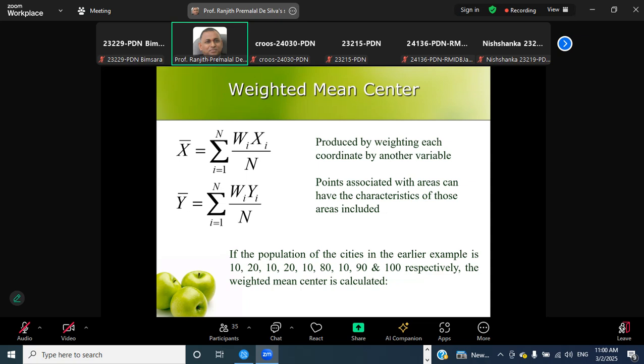If the populations of the cities in the earlier example are 10, 20, 10, 20, 10, 80, 10, 90, and 100 respectively, you can calculate the weighted mean center for the same set of data.